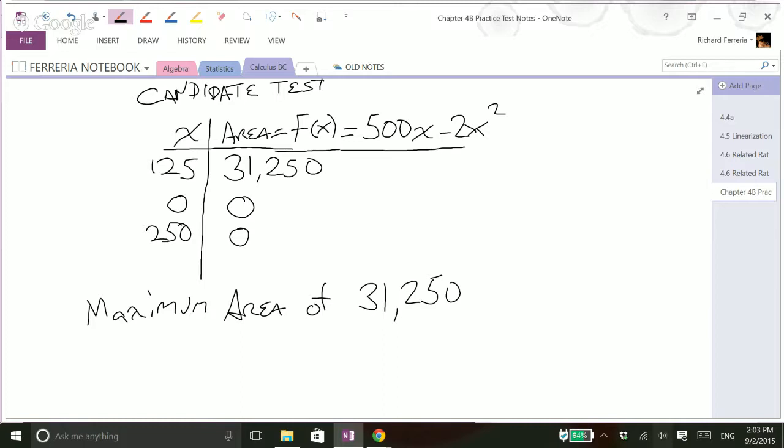Square feet? Yeah, square feet. When x equals 125 feet. That's great.